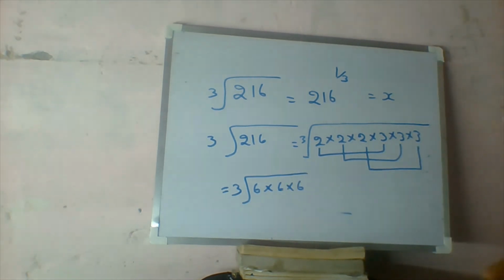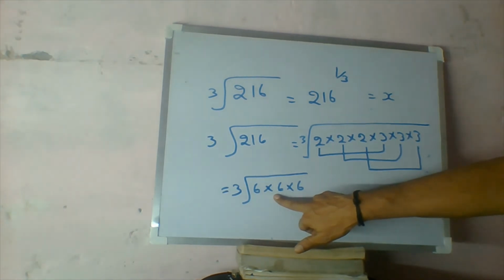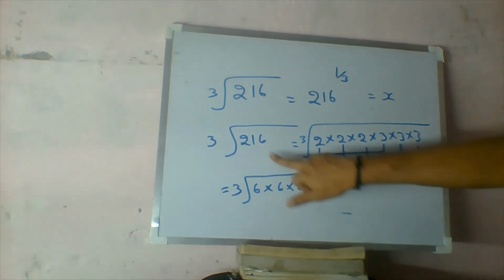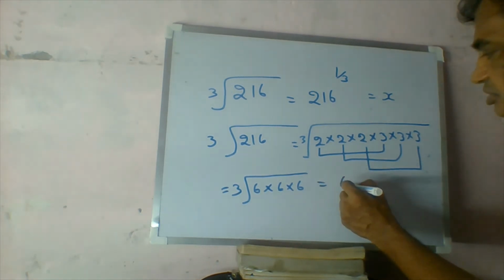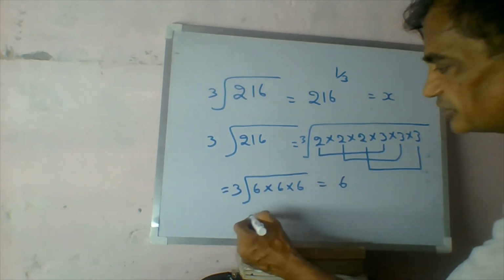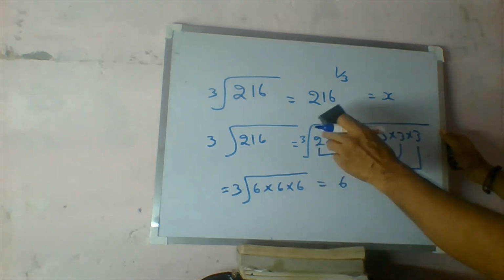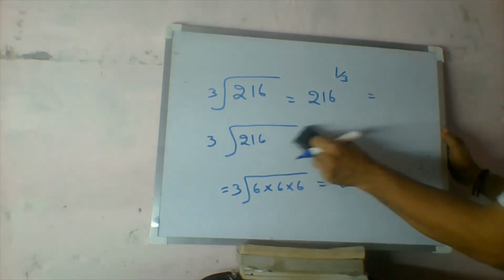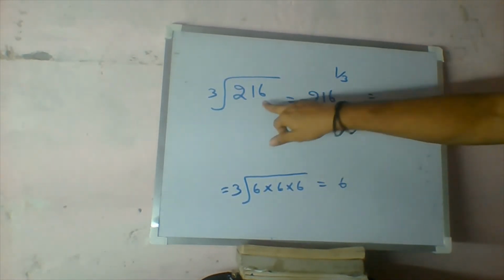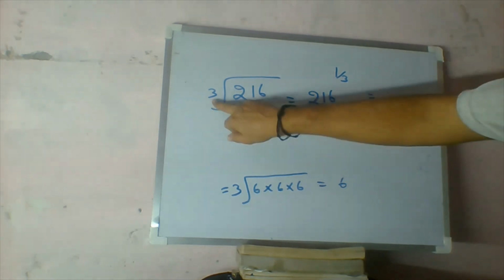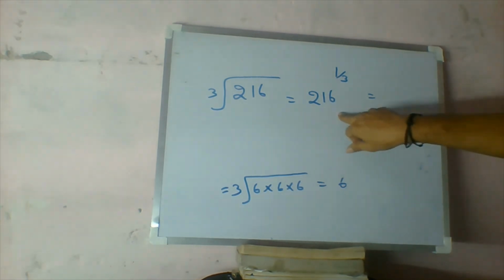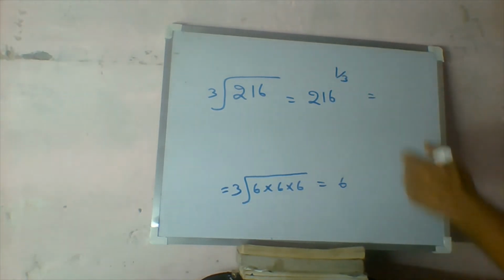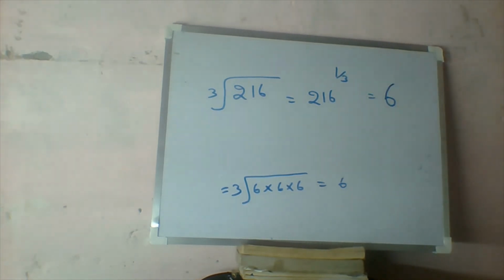Now we have found a number that if it is multiplied by itself 3 times, we will get 216. So the answer is 6. So the answer for the third root of 216, or cube root of 216, which we can also write as 216 raised to 1 by 3. I hope it is clear.